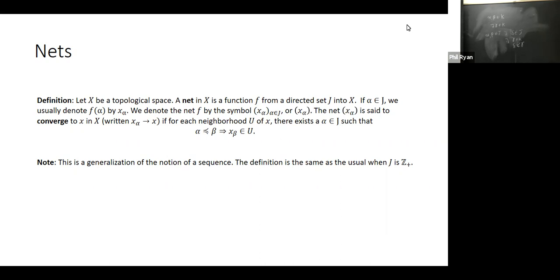So f is a function from J to X. So f of alpha is an actual point in X. Because sometimes, like in a book, they say topological space, and actually they're talking about open sets. Right. So quite often, what's going to happen is alpha is going to be an open set or some neighborhood, and so this is going to be some point in that open set.